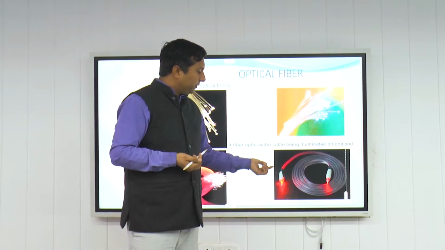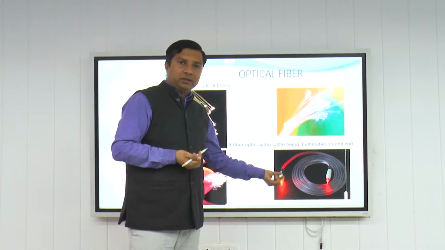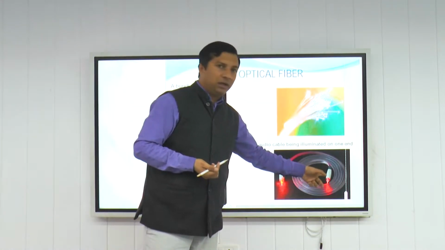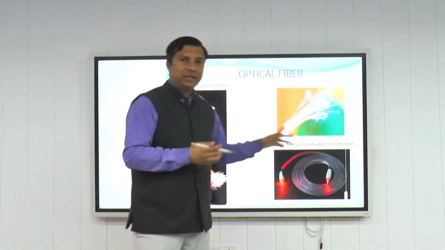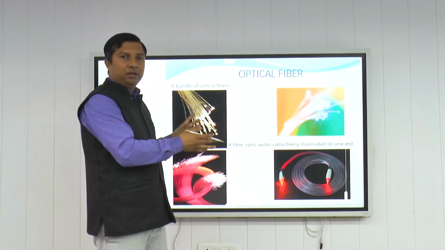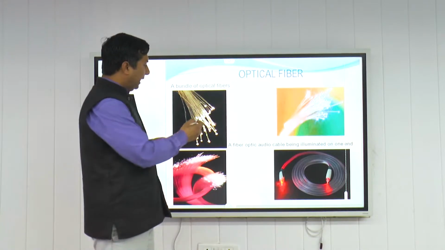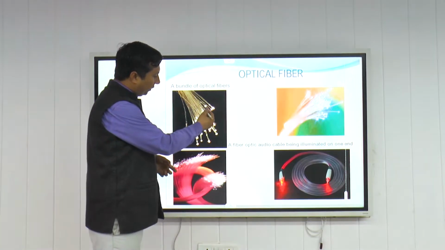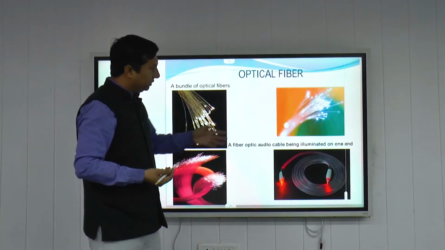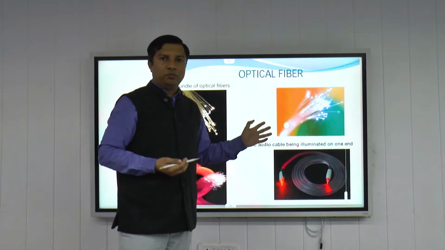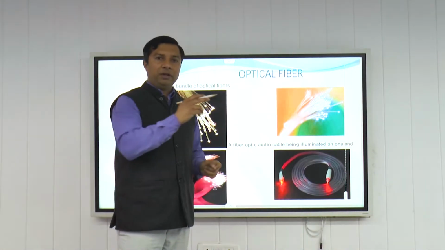Once you put light in from one end, then light will come out of the other end. So that is a very simple design cable, a hollow cylinder, and you can see here that these are optical fiber cables, and all these diagrams are of optical fiber cables. I will come into detail.